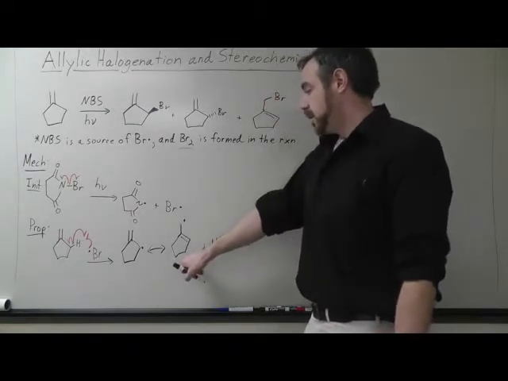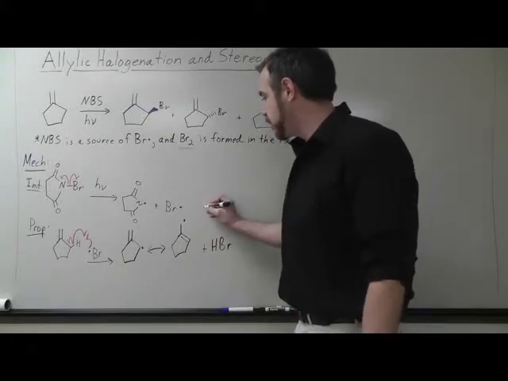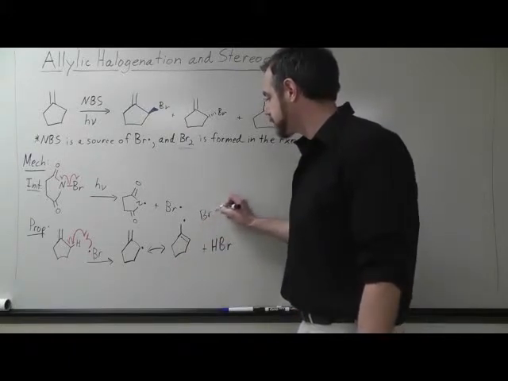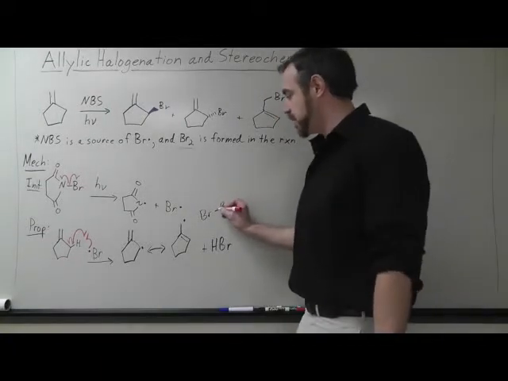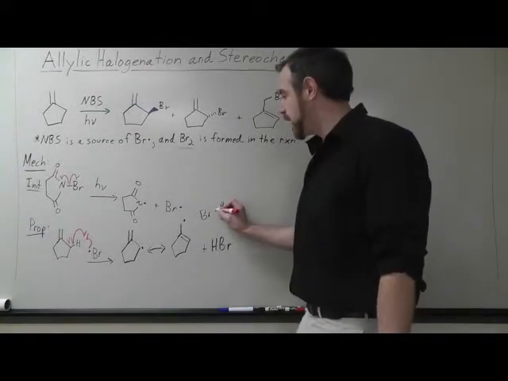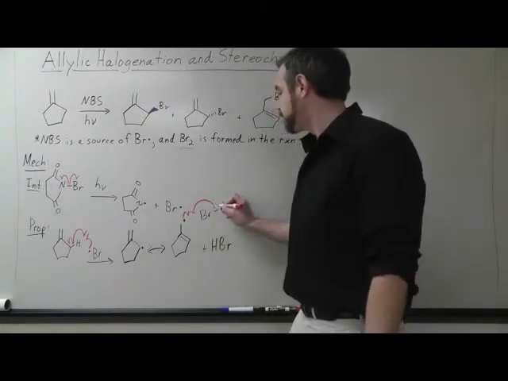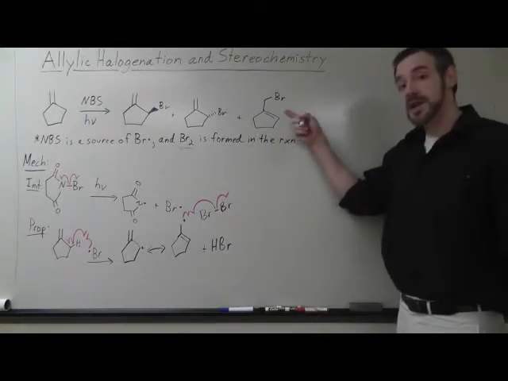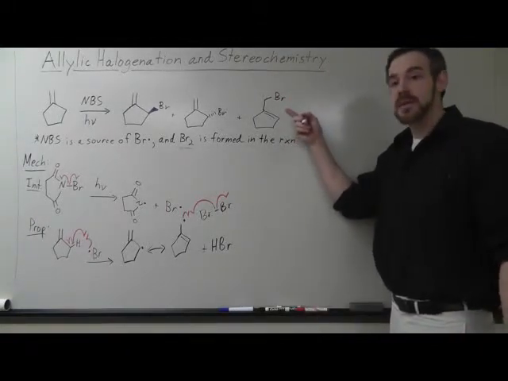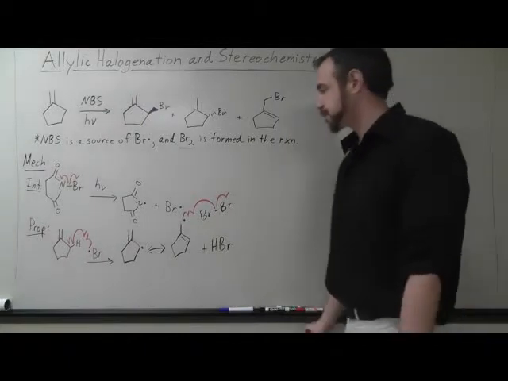And so if we view the radical in this form interacting with bromine, we can see how a single bromine atom is added. And that would generate this primary alkyl halide product in an allylic position.